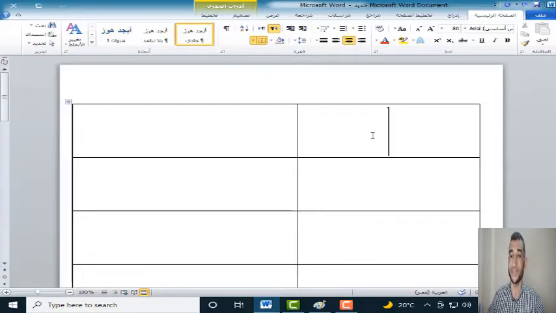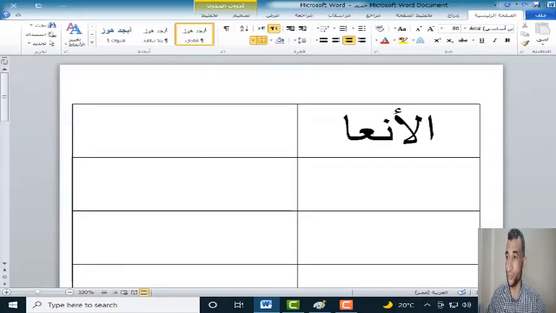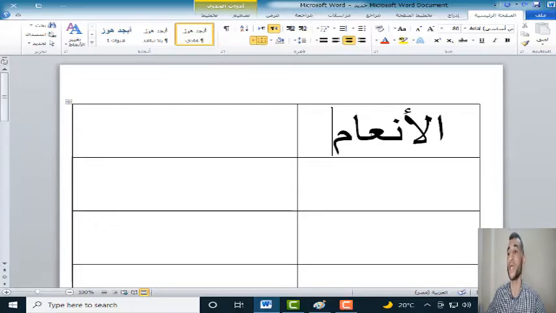To make it clear, let us have an example for the consonant Nun. For example, I will write the word Al-An'am. If we look at this word, we can find that there is a consonant Nun here. This consonant Nun is original. I mean that you cannot remove this letter from this word.